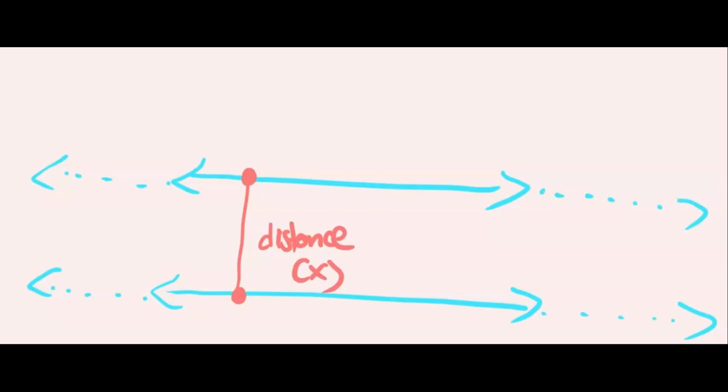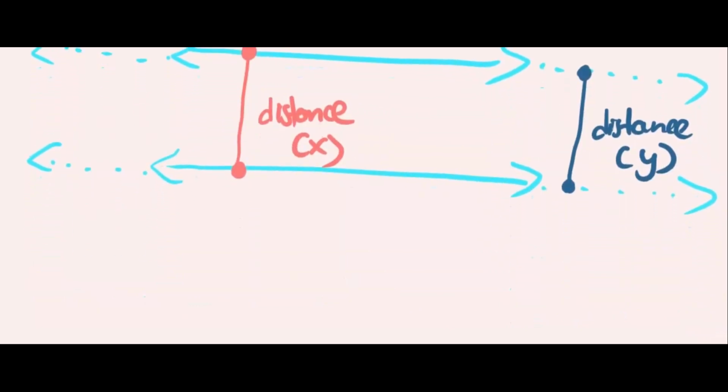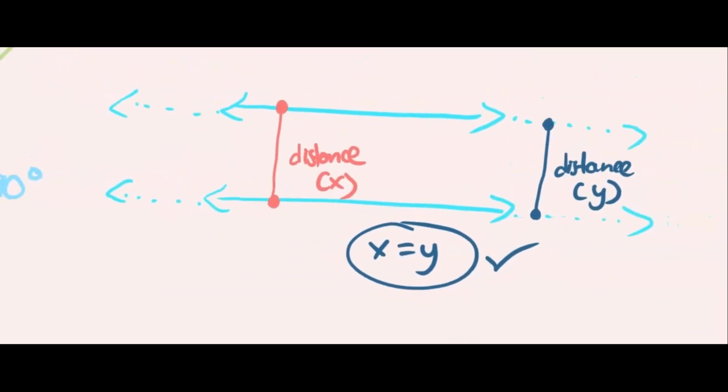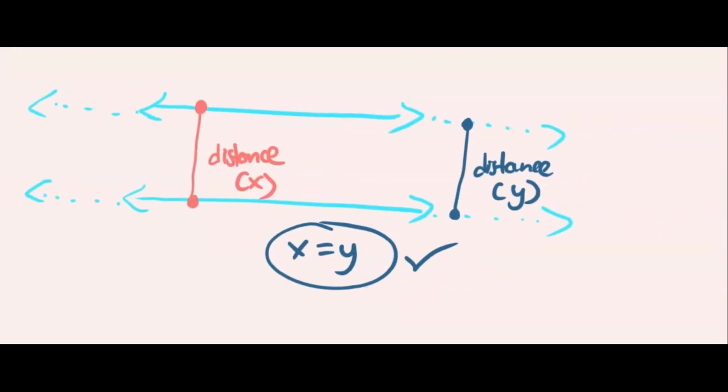Let me take another point out here, and the corresponding point here, and this distance, let's call it y. This is going to be x equals y. So the distance is the same, which shows that those are parallel lines. And they're never going to intersect each other because this can go on forever. I hope you can see how, if this goes on forever, they're never going to touch.